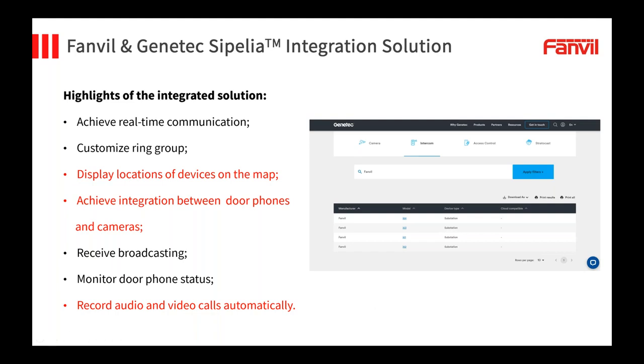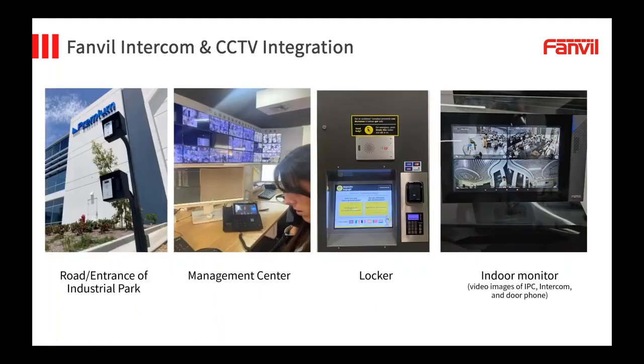And here are the cases for Fanvil devices worldwide. Just like this, our outdoor video intercom i60SV can be applied to a road and the entrance of an industrial park.